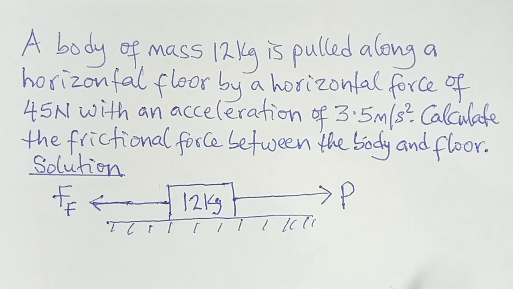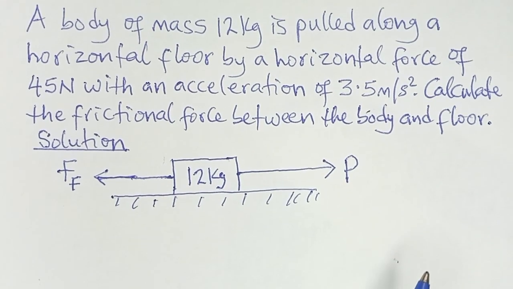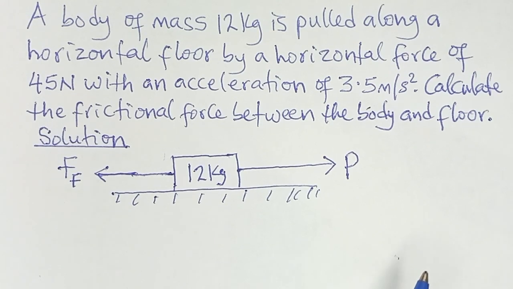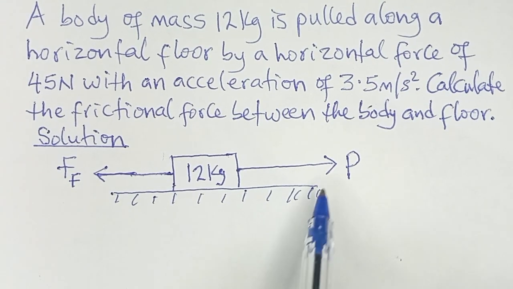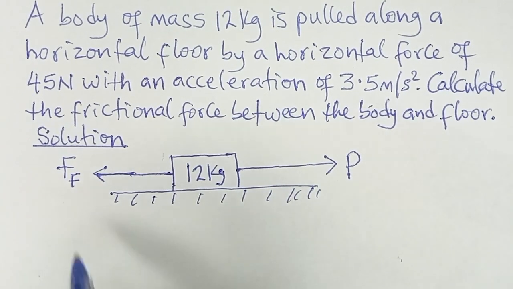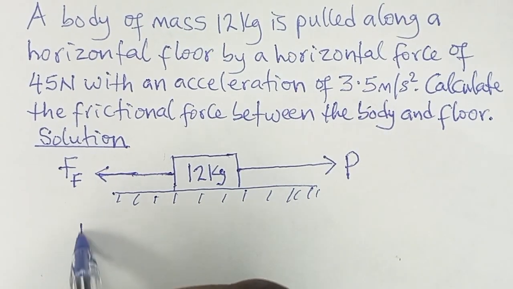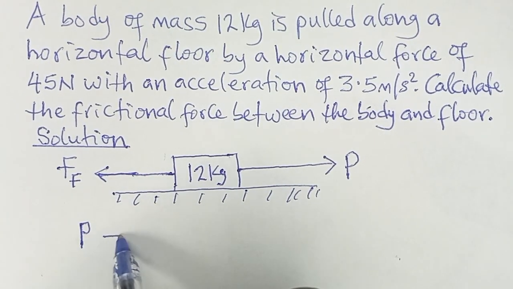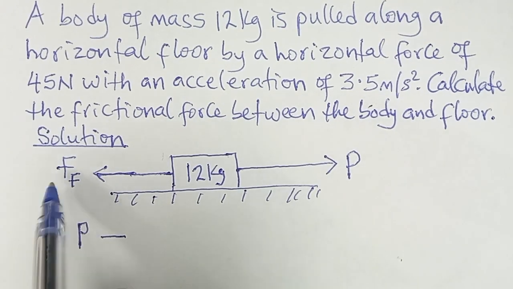Now, in a question like this, where friction opposes motion, what we need to understand is that the force with which it is pulled, which is P, minus the frictional force that is opposing motion.